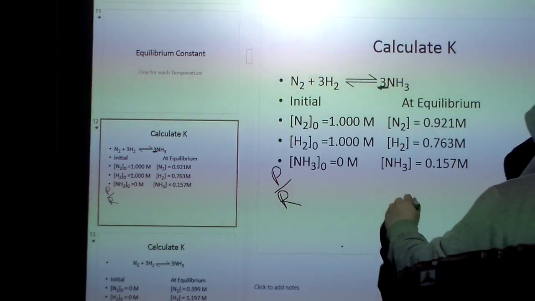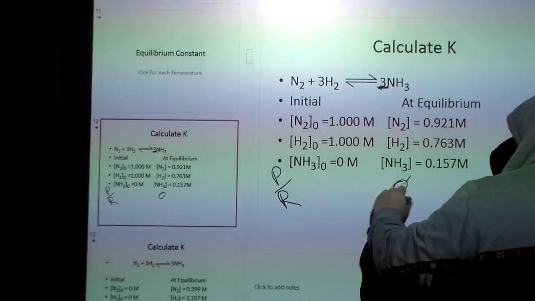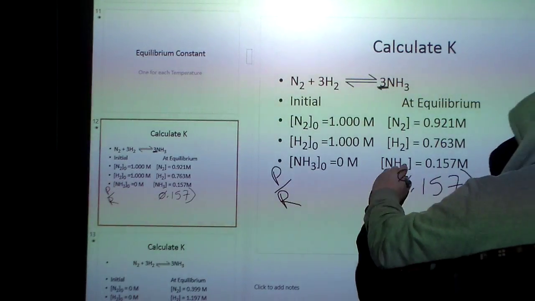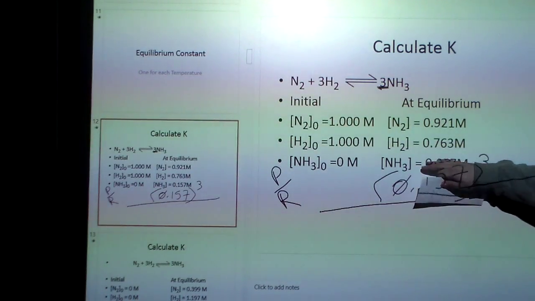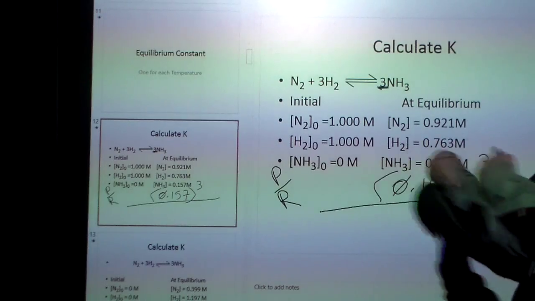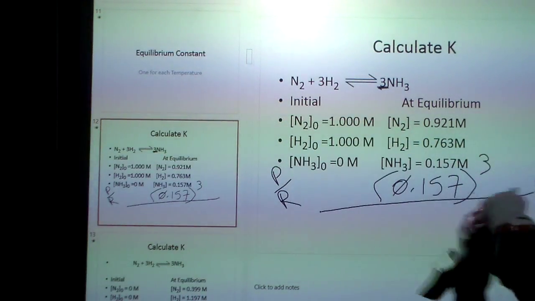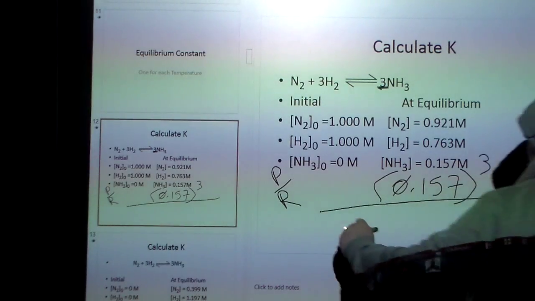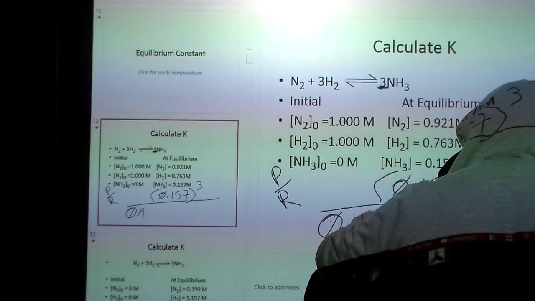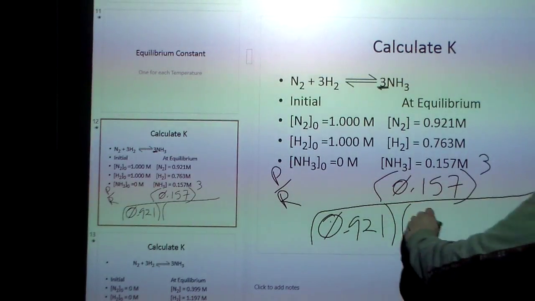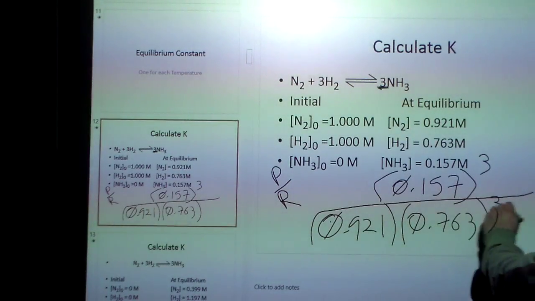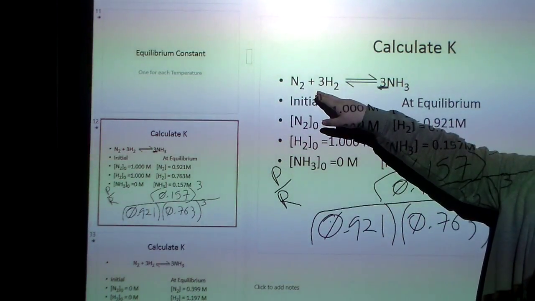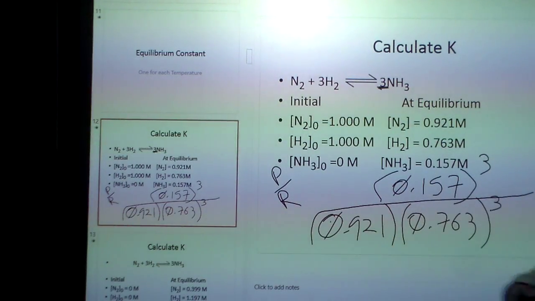We look at product over reactant. I'm sorry, guys. It's 0.157, and that is cubed. So there's our product. This is what they gave us at equilibrium. Here we have N2, that's going to be 0.921 multiplied by 0.763, and that's also cubed because you've got your coefficient here as well. So this is what it would look like when you are calculating your K.